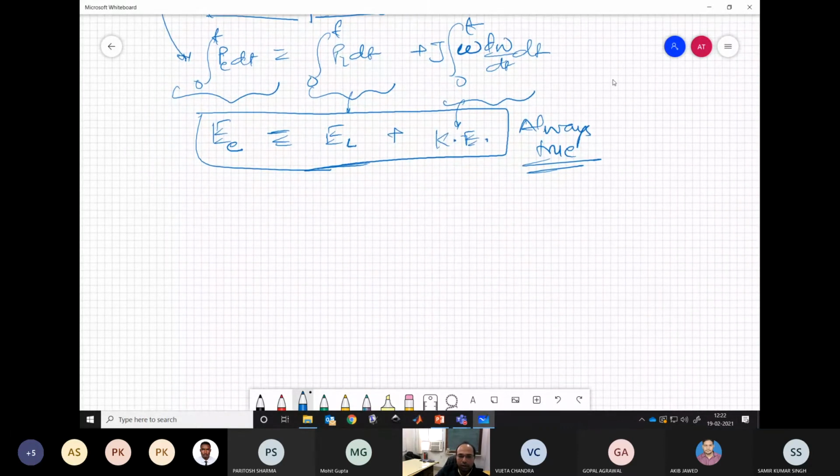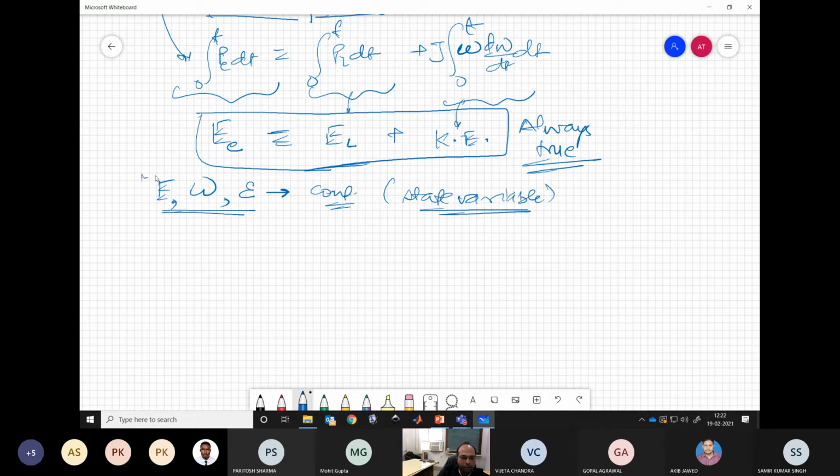Some of the quantities, let us say energy or our angular speed, the angle epsilon, these are continuous quantities. There cannot be any abrupt change in these quantities. So these are also called state variables. When we talk from the control point of view, these are the state variables which we try to control.